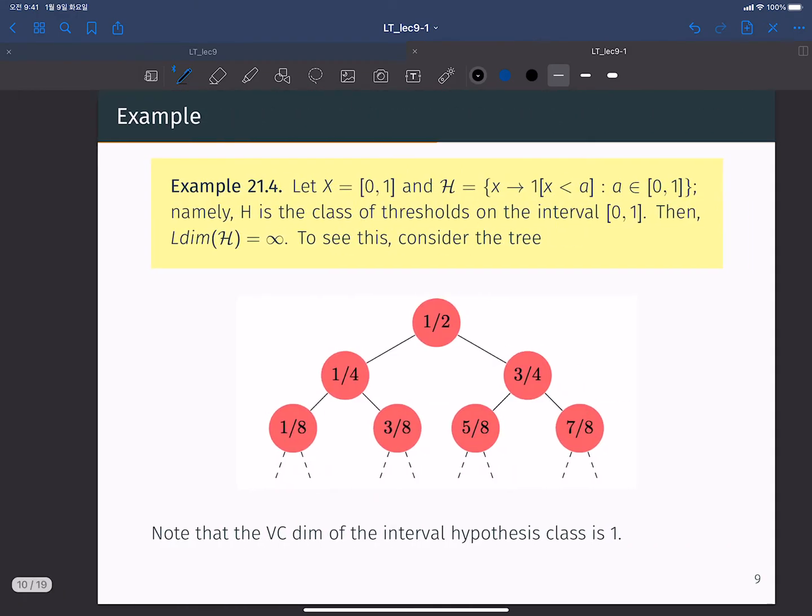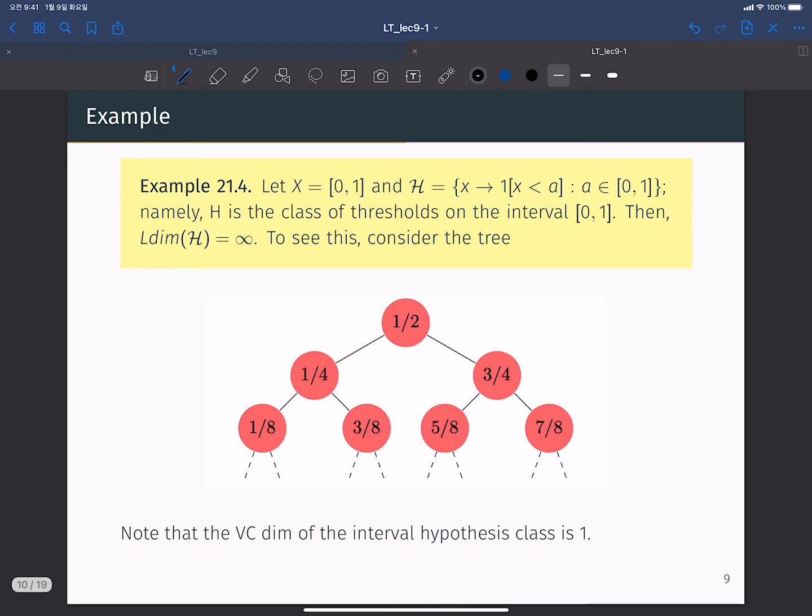So this is another very nice example that can explain why VC dimension and L dimension have such a difference. Consider a very simple hypothesis class, boundary hypothesis or interval hypothesis.